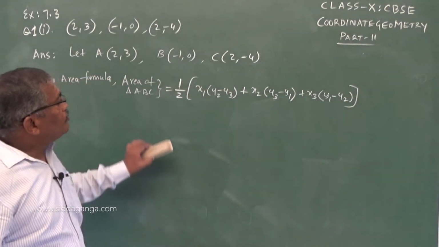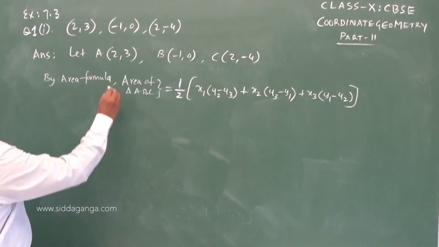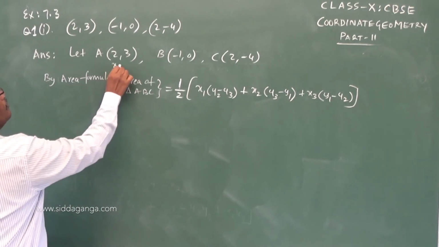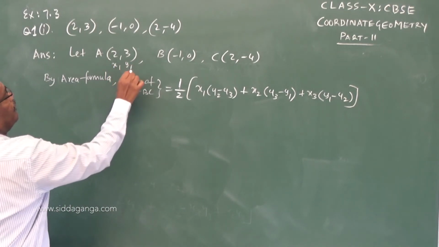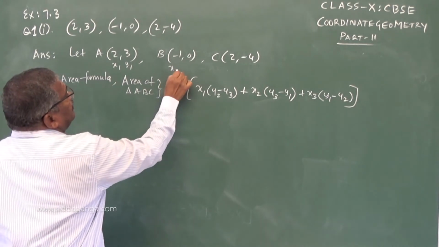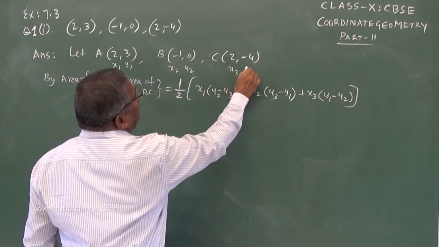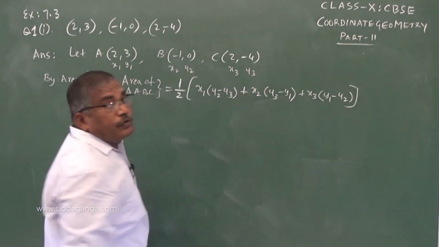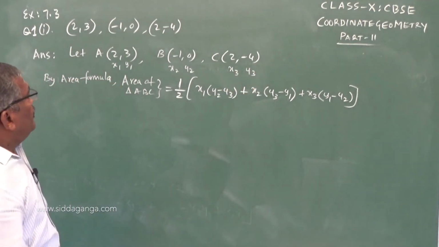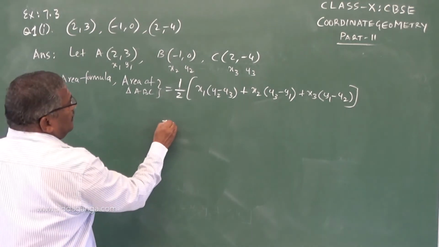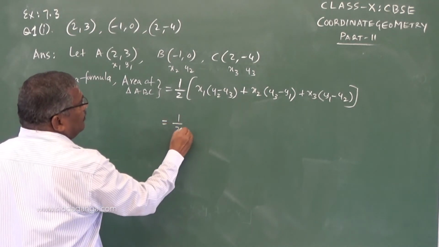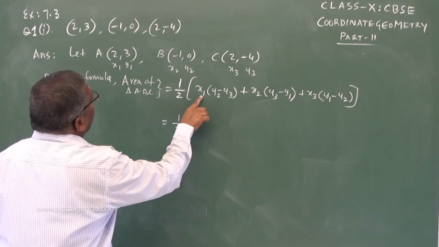So now we have to substitute the values. You remember, this becomes x1, y1, x2, y2, x3, y3 values. So now area of the triangle equals 1 by 2 into x1.